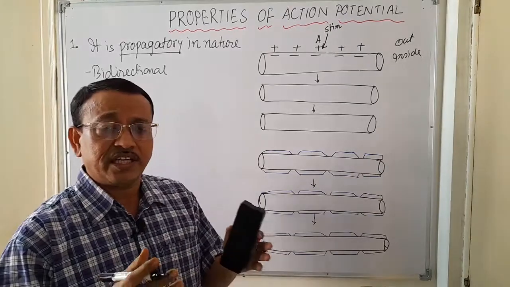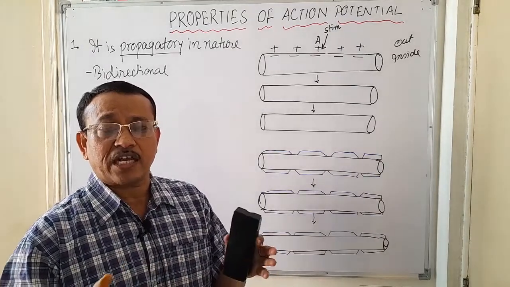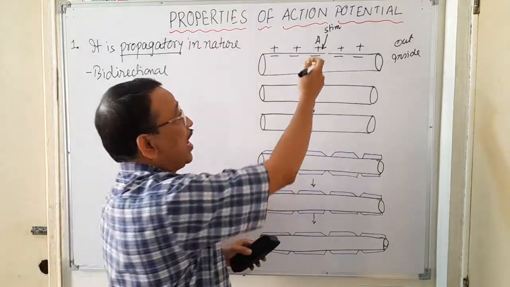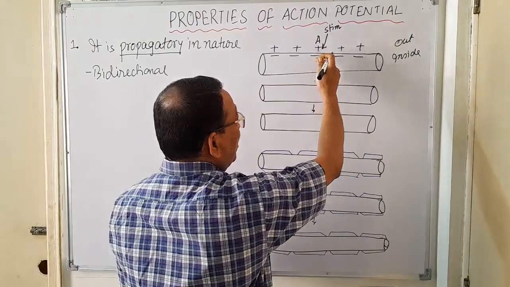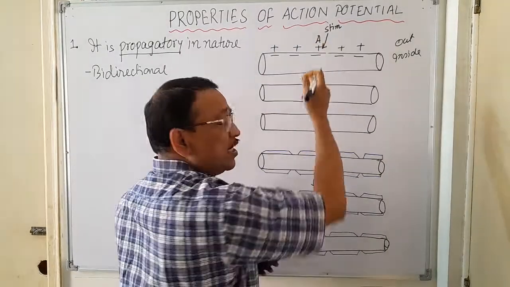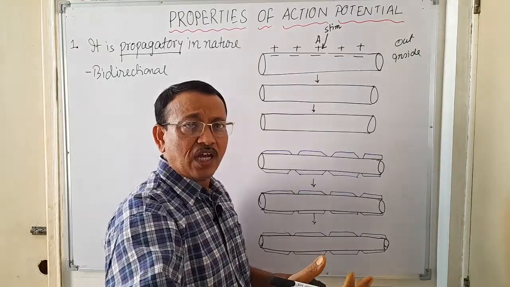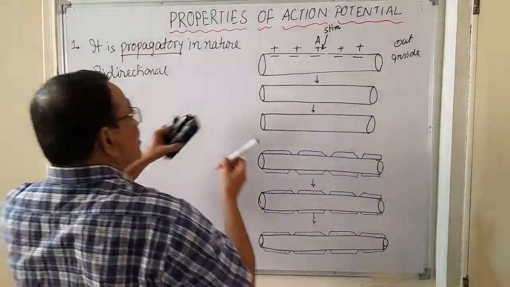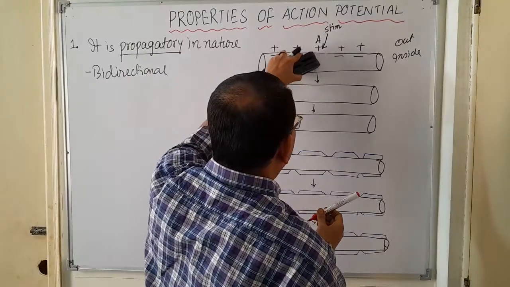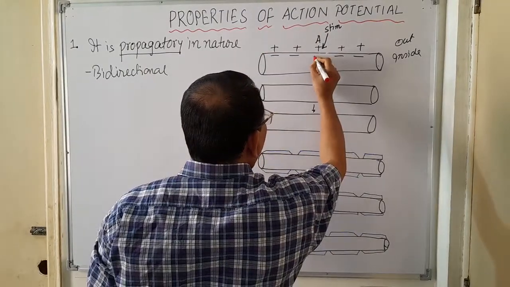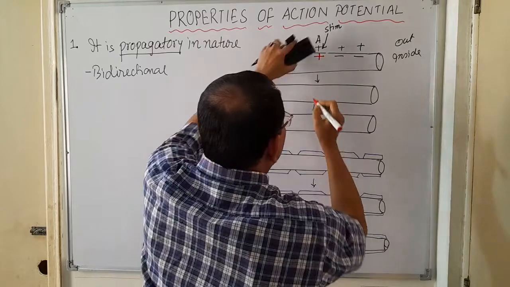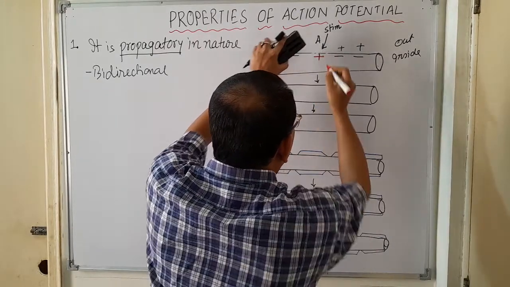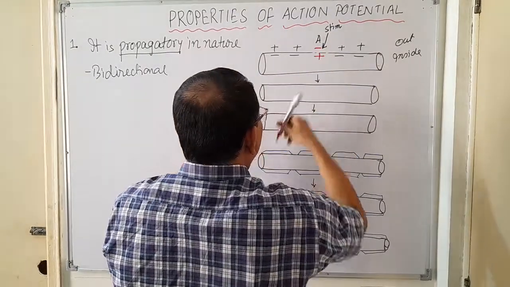As per the mechanism of genesis of the action potential, you know that at this particular point, inside will be electropositive and outside will be electronegative.